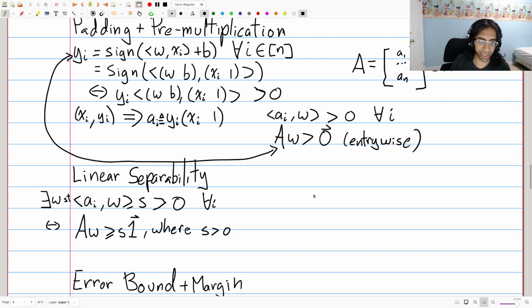Now let me try to show you what this linear separability means pictorially. So maybe I shouldn't have erased this. Let's draw it again. But imagine we have some plus points here, and then we have minus points over here.